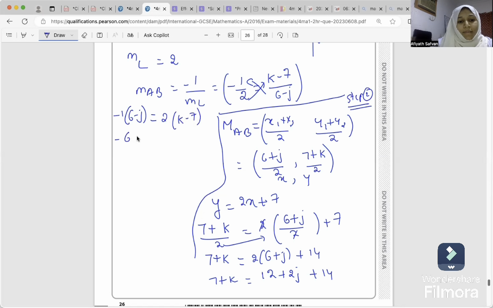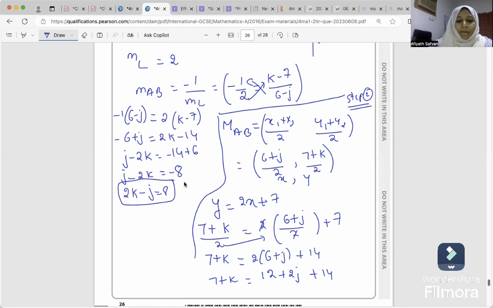So minus 6 plus j is equal to 2k minus 14, or j minus 2k is minus 14 plus 6, which is negative 8, or I can simply say that 2k minus j is going to be 8.